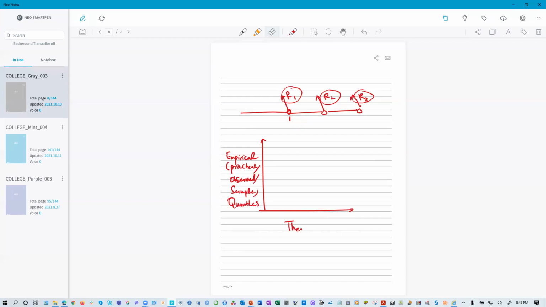Here you have the theoretical quantile. Theoretical means abstract quantile. In our case we use the standardized normal quantiles, which are the values -3, -2, -1, 0, 1, 2, and 3.